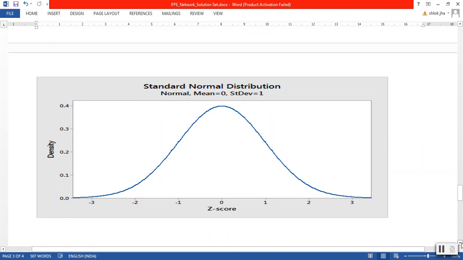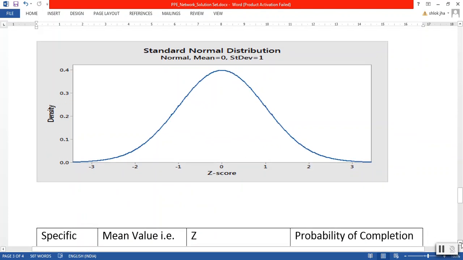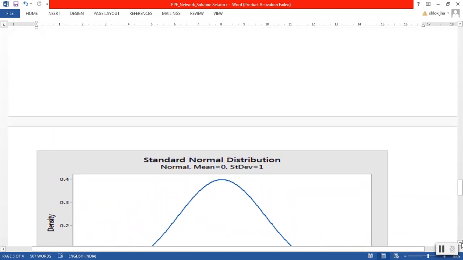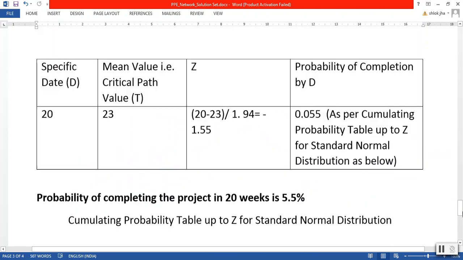Z score 0 is the mean. This is the standard mean. When the SD is 1, plus 1, minus 1, again adding on both sides, 2 plus, 2 minus, and 3 plus, 3 minus. So this is the conversion of the distribution table into the standard normal distribution. So we calculate Z.